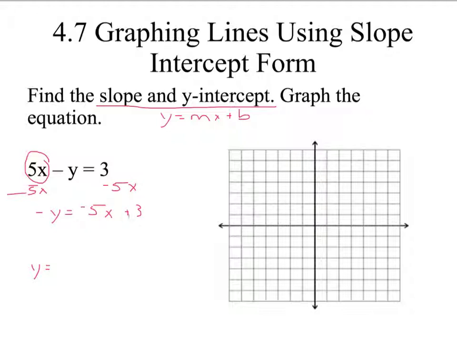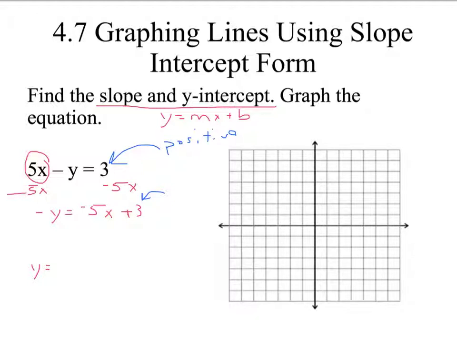And the reason why I add that 3 is because in this initial equation up here, 5x minus y, that 3 is positive. So underneath, my 3 is going to be positive. Same thing. So now I have negative y is equal to negative 5x plus 3.